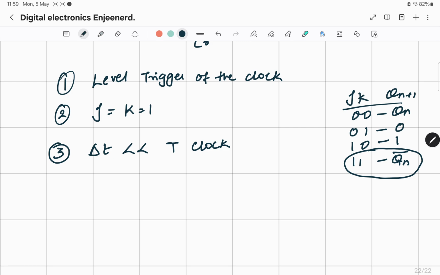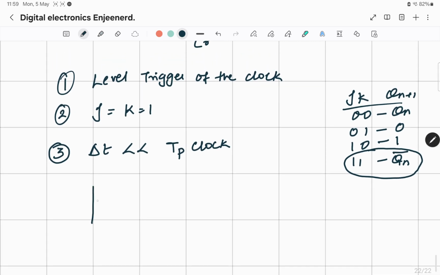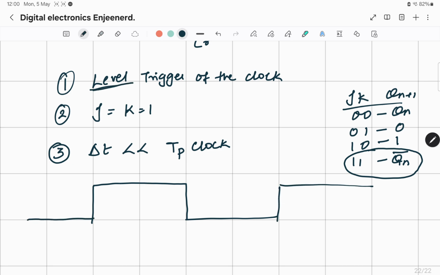Let's see what happens. I will draw the graph and make you understand how this works. The time period, we will denote this as Tp, of the clock signal. This is your clock signal. Since we are using level triggering, say I use positive level trigger.